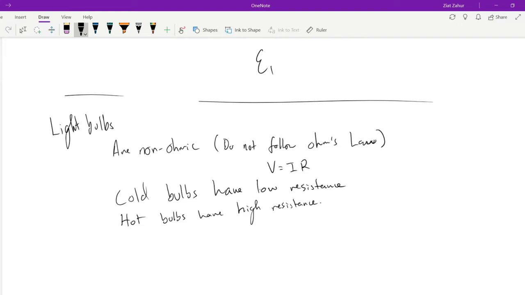Okay. So essentially, when the light is turned off, it is cold, therefore it's low resistance. And as soon as you turn it on, you send a bunch of current through. Because the resistance is low, current is going to be high. So the moment you turn on a switch, you're actually sending lots of current through your light bulb. And this is why sometimes light bulbs blow out at the start. They don't just blow out after being used, because once it gets hot, the resistance picks up.